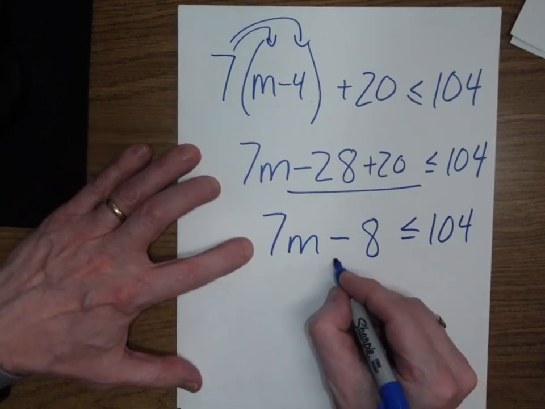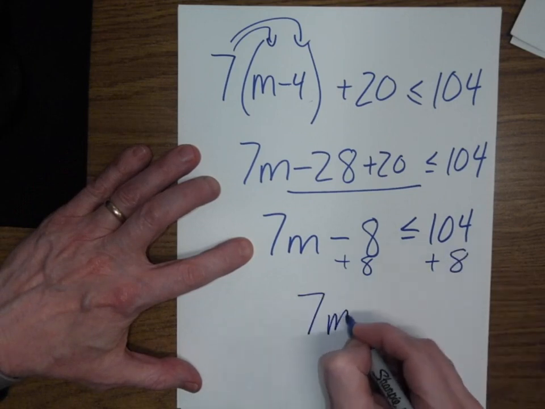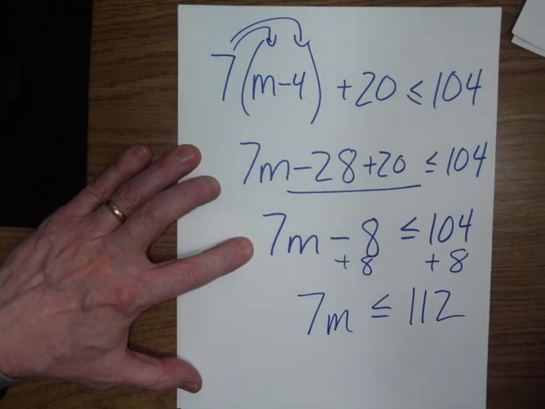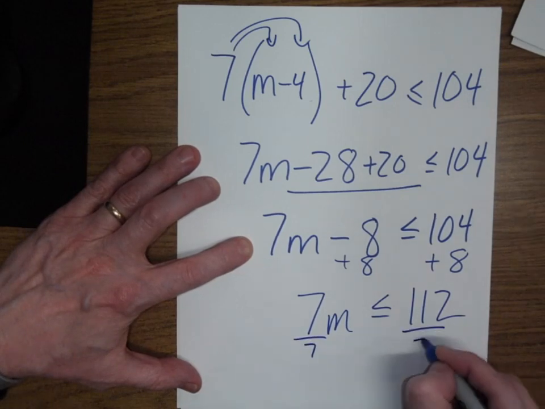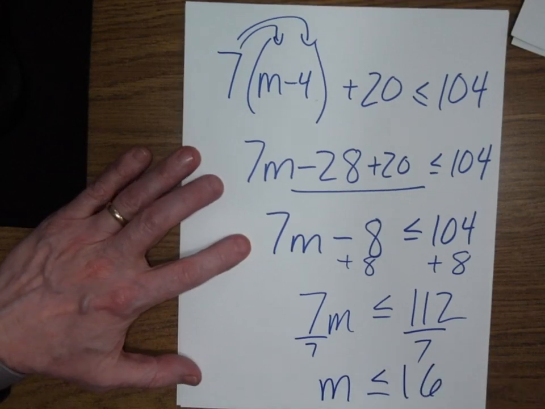Then to get the m by itself, if I add 8 to both sides, 7m is less than or equal to 112 on the calculator. And then finally, when I divide both sides by 7 to get the m by itself, m is less than or equal to 16.